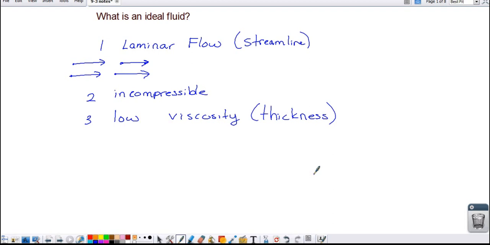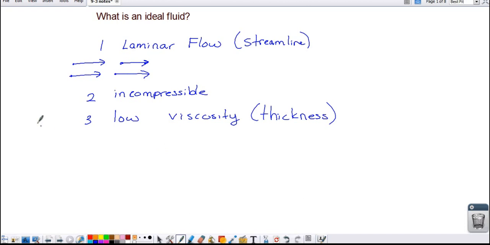We want low internal friction. An example of a fluid that has low viscosity would be water. An example of a fluid that has high viscosity would be molasses, or syrup or honey. Those have high viscosity. For an ideal fluid, we need to have a low viscosity. It needs to be incompressible, and it needs to have laminar flow.